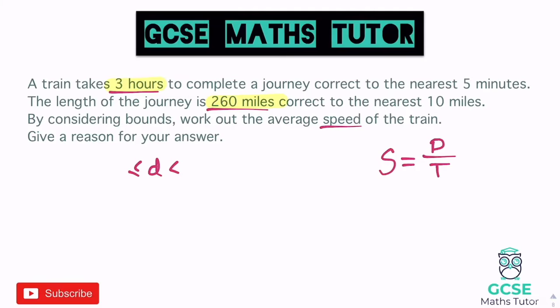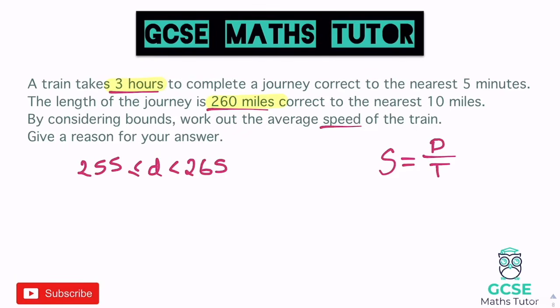So the distance there is 260 to the nearest 10. Now when it's to the nearest 10, remember that's the same as 2 significant figures in this time. So to the nearest 10 could be 5 miles above and 5 miles below. So our upper bound is 265 and our lower bound is 255. Again, do make sure you check out that video on error intervals if you're unsure on this one. But 255 and 265 are my bounds for the distance.